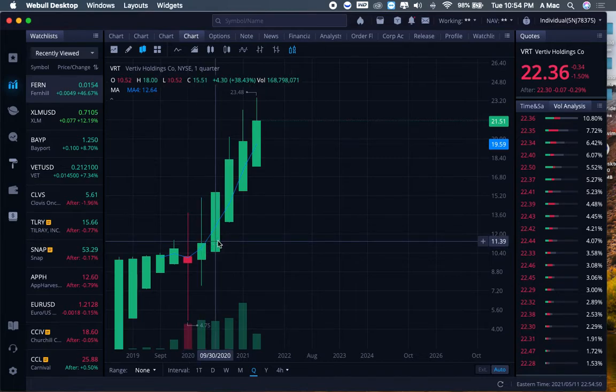Then the third quarter of 2020 went even higher, and the fourth quarter even higher. Now 2021, the first quarter, January, February, March, went up again. And now it's still going up really high.